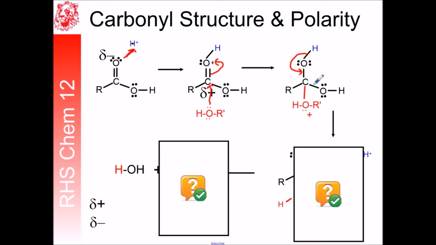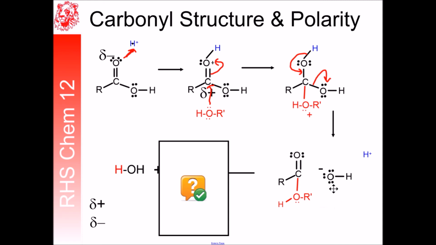It could break this bond, so that set of electrons could go onto that oxygen right there. That would give me this interesting structure, where I have the hydroxide that's fallen off, the H+ that's there, and I have this interesting structure. I still have a positive charge right here, I have a positive charge right there.